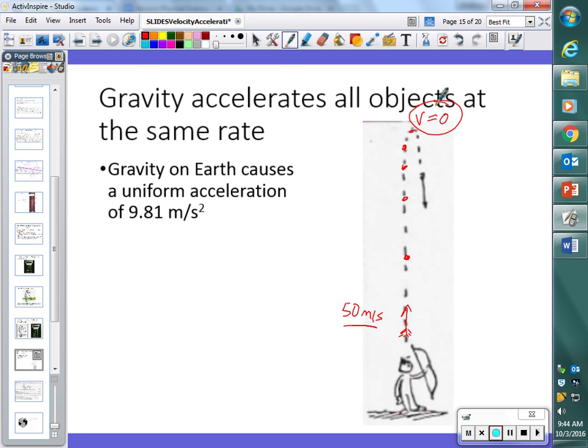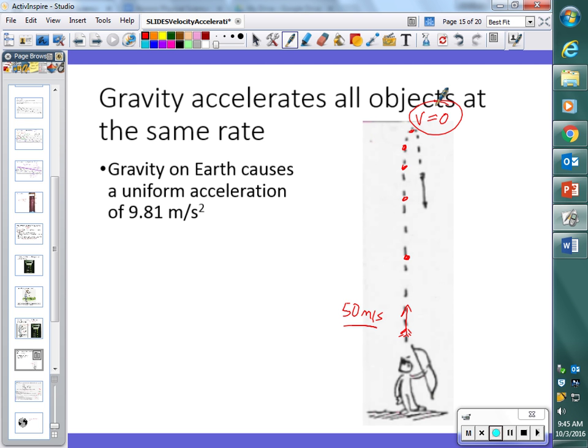Just because something has an instantaneous velocity of 0, does that mean its acceleration has to be 0? And the answer is no, right? Because acceleration tells us what's going to happen next. It might be currently stopped, but because gravity's still pulling on it, it's stopped now, but it's going to start moving again right away. All right?